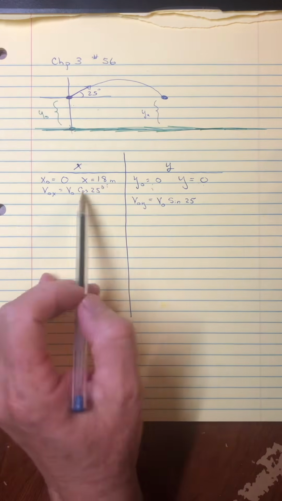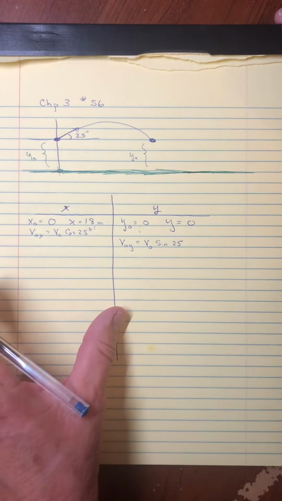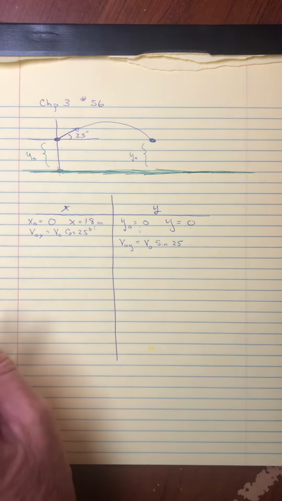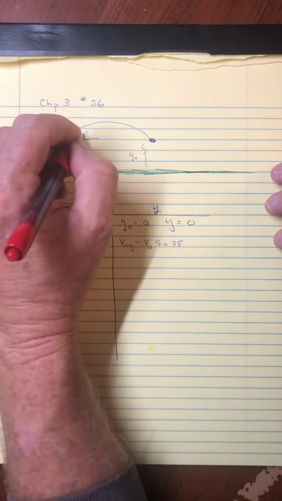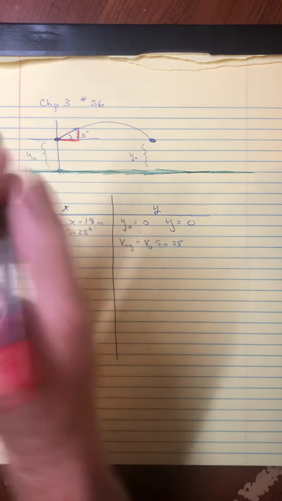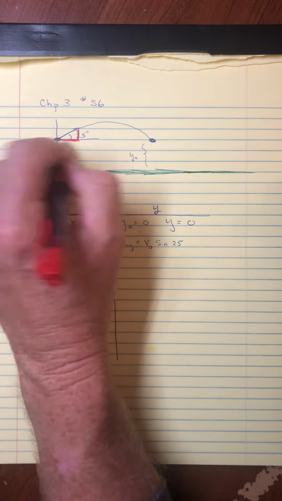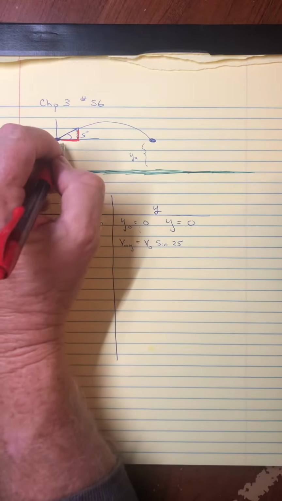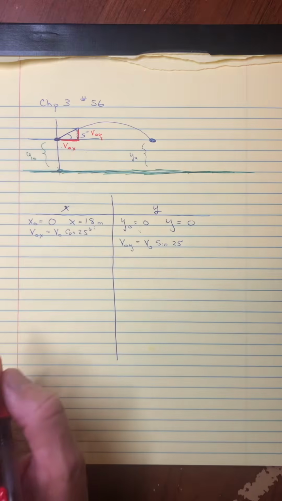And I think you guys are getting pretty good at this, but maybe it's worth repeating at least one more time. If you look, and maybe I'll do it in red here, the throwing of the football, instead of thinking of it as one speed at an angle, I'm going to do what's equivalent to that, and that's two speeds, a speed in the x direction and a speed in the y direction.